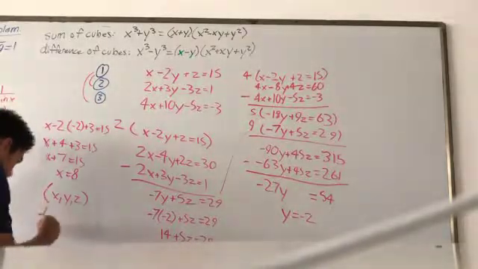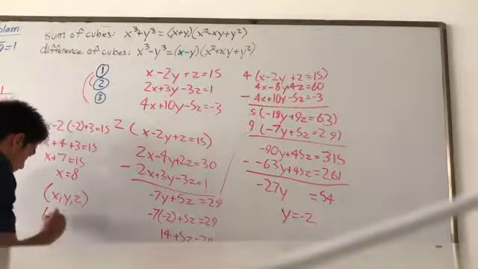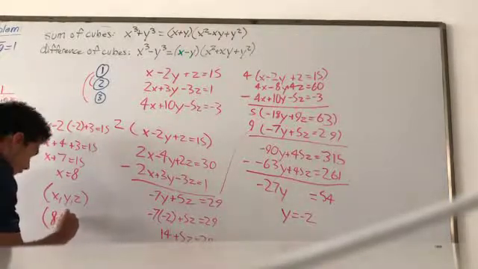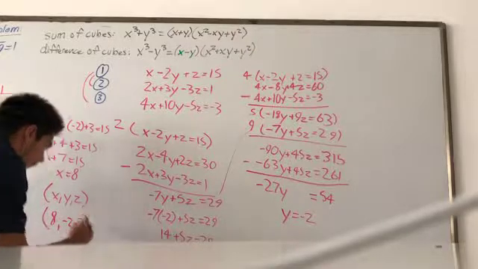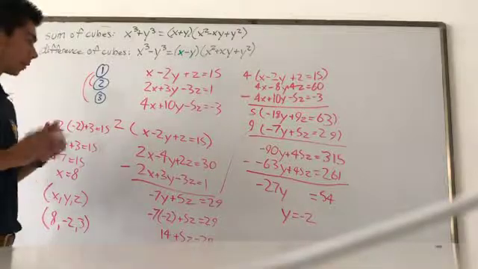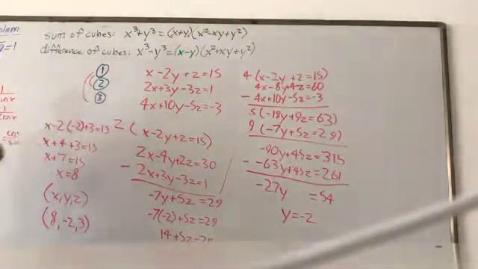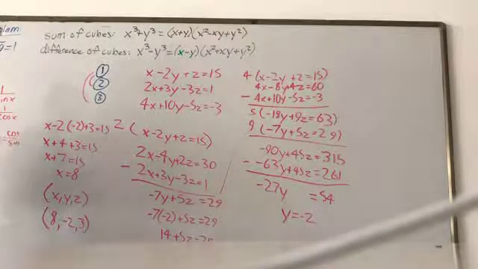So what we have found is that the solution to our system of three equations is 8, negative 2, 3. So there's a lot of work going on here. It's basically doing elimination twice, and just breaking it down into smaller problems. So this has been how to solve a system of linear equations in three variables.